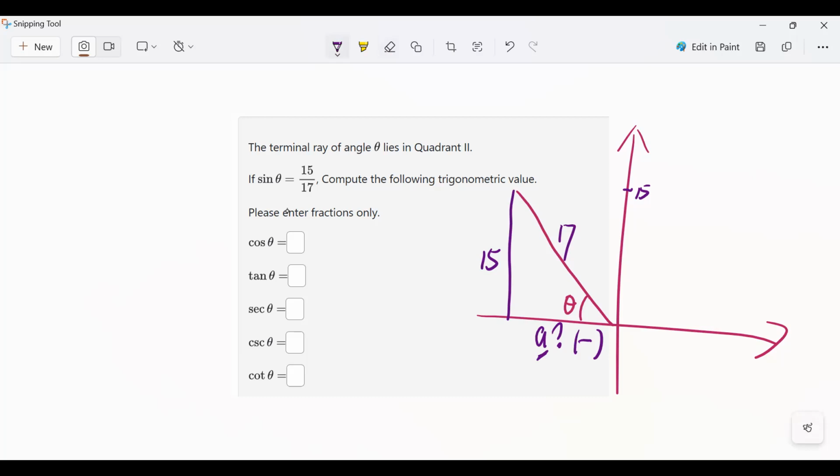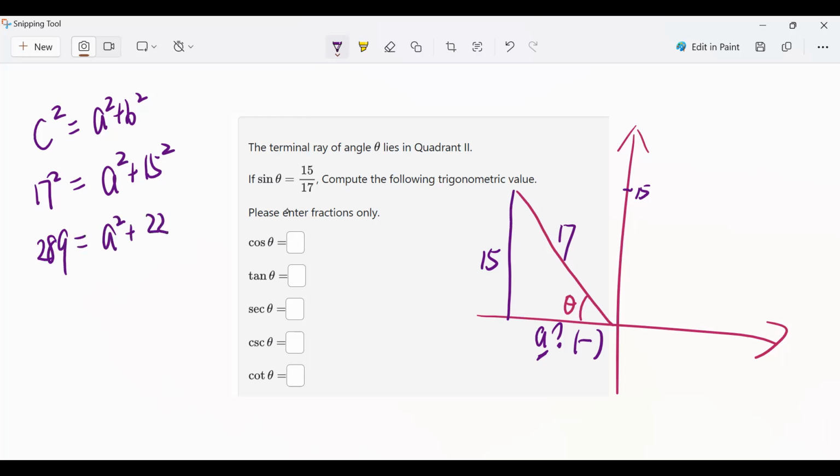Now let's do it. c squared equals a squared plus b squared. C squared, 17 squared, equals a squared plus b squared. 17 squared is 289, right? Let me double check. 17 squared, yeah, 289. 289 equals a squared plus 225. 15 squared is 225.